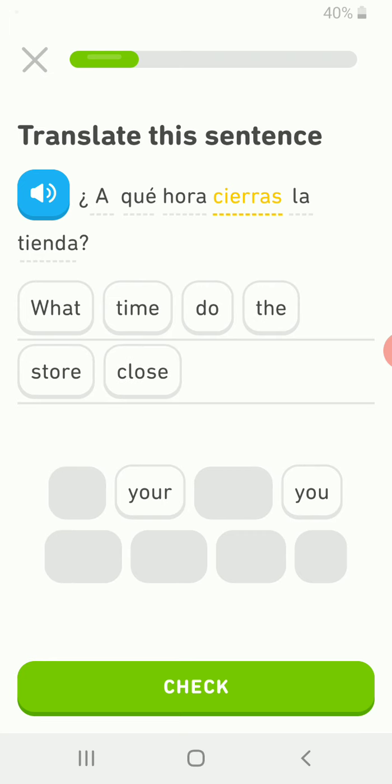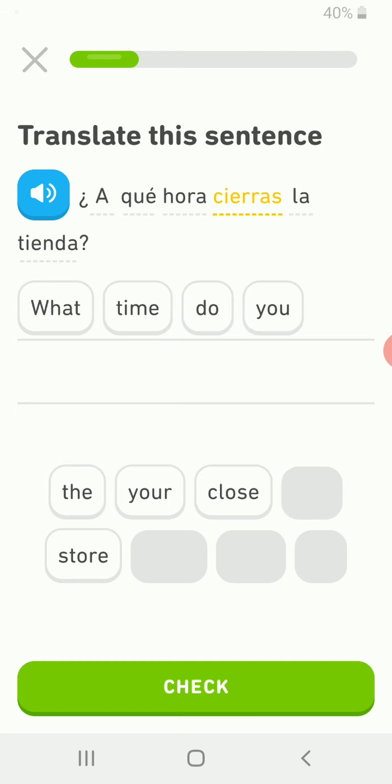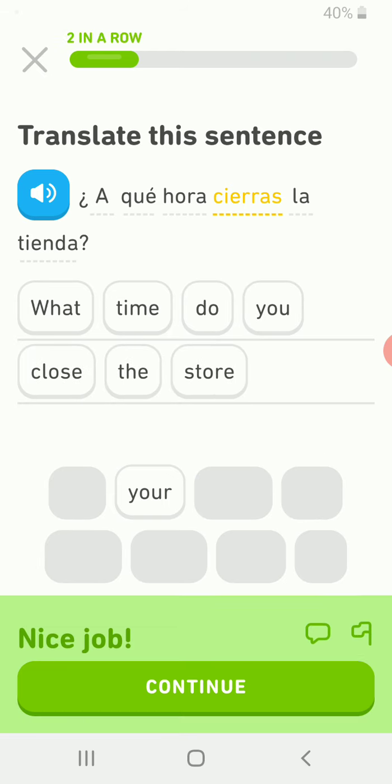But the store, it should be does. What time does the store close? But what time do you actually? ¿A qué hora cierras la tienda? So what time do you close the store?